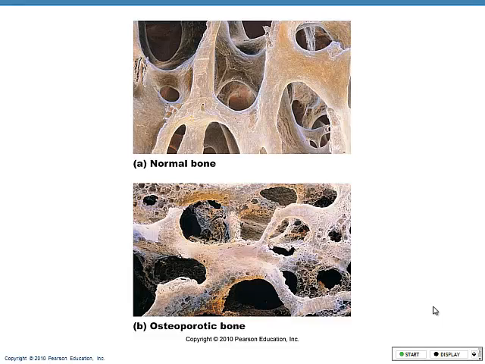We see increased risk of osteoporosis more in females than in males, and it has to do with different hormones that not only help to regulate secondary sex characteristics in females and ovarian cycles in females, but their second job is actually to help form bone.